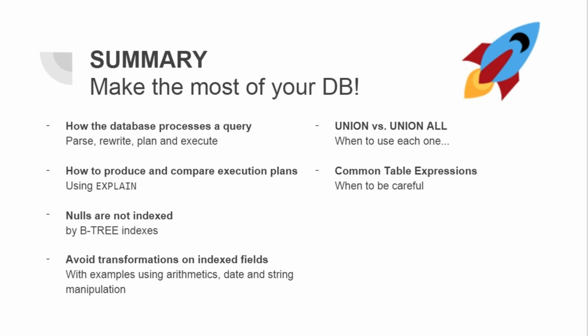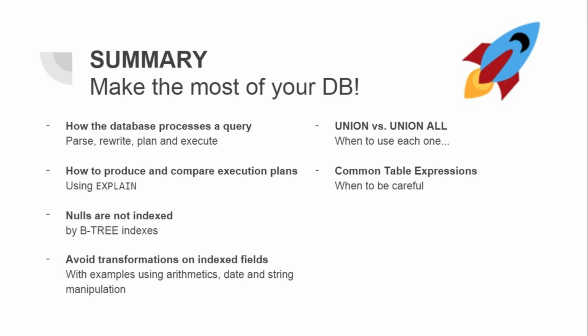We also saw that null values are not indexed by B-tree indexes. And we also saw different scenarios where, by applying a transformation on an indexed field, we essentially prevented the database from using our index.